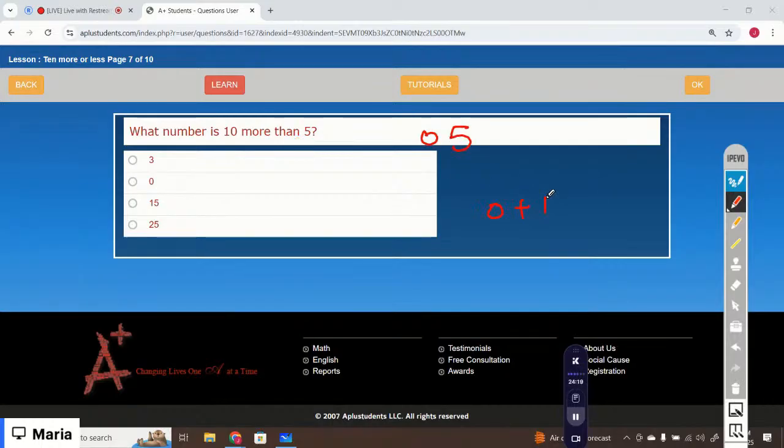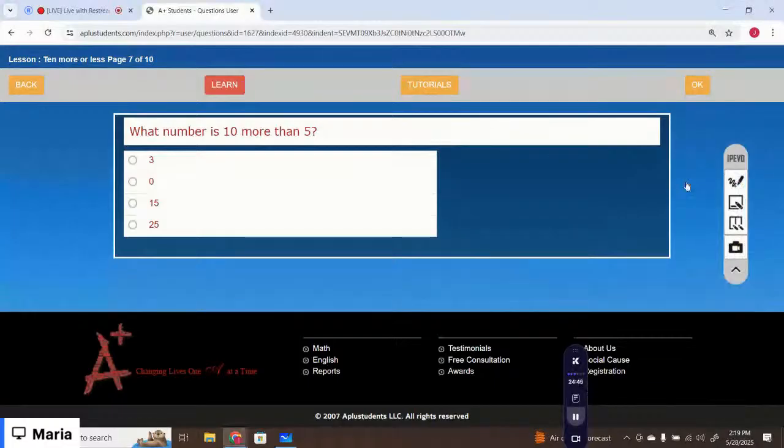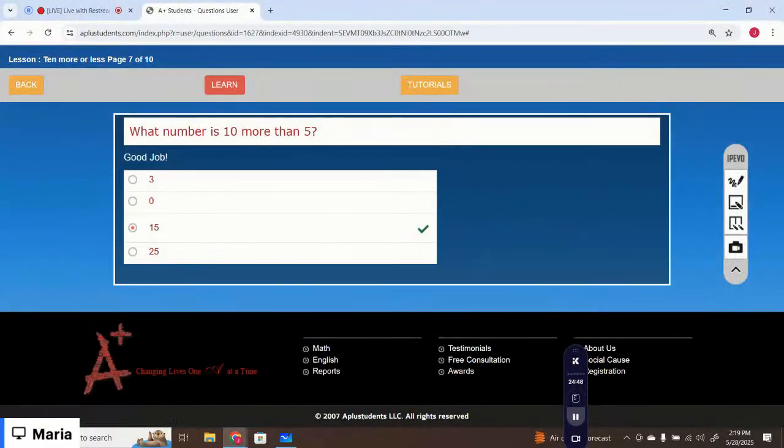Add 1. 0 plus 1 is 1. So that digit is number 15. The correct option is 15. Option number C is the correct option. 15 it is.